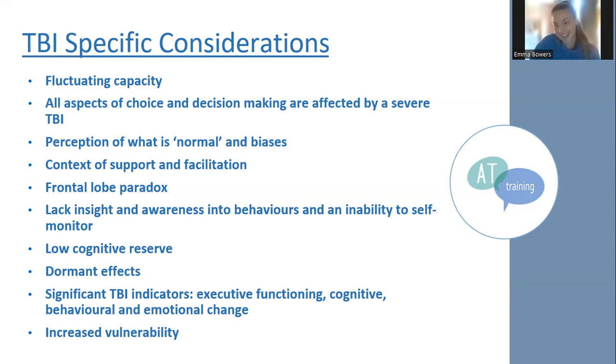Be mindful that somebody with a TBI is not going to be able to move on, learn from, mitigate risks, threats in the same way that somebody else can. So always be mindful of that.